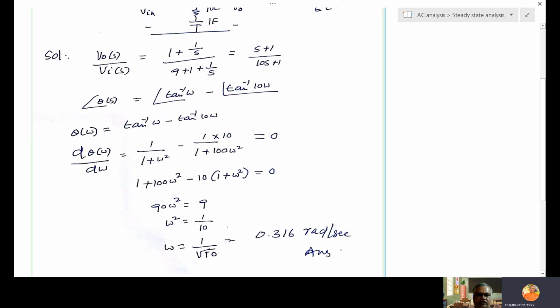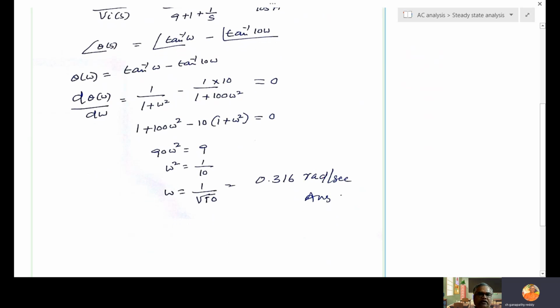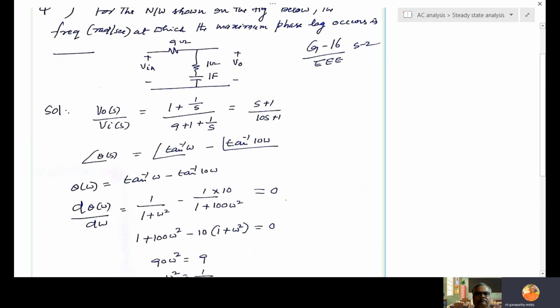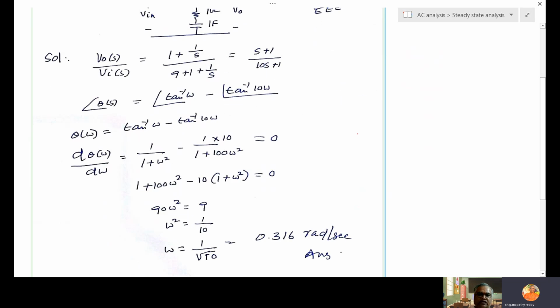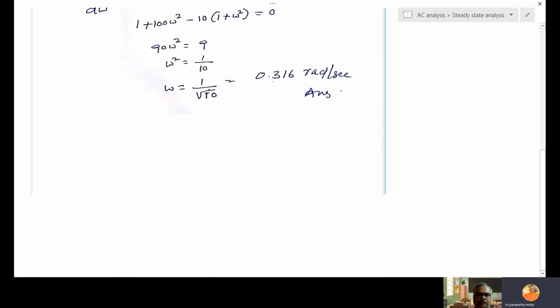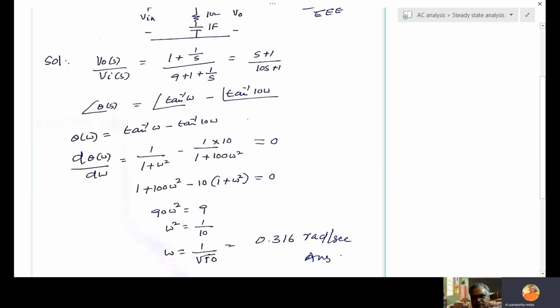Solve carefully and you get omega equal to 0.316 radians per second. At what frequency is the maximum phase lag occurring? At 0.316 radians per second. What is that maximum phase? Replace omega with this value and find out.